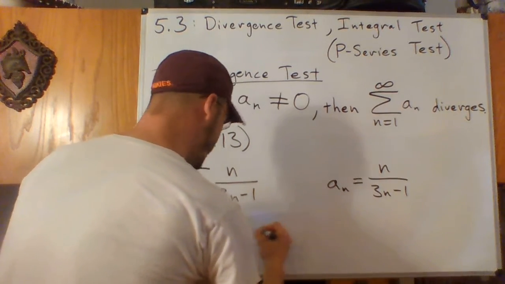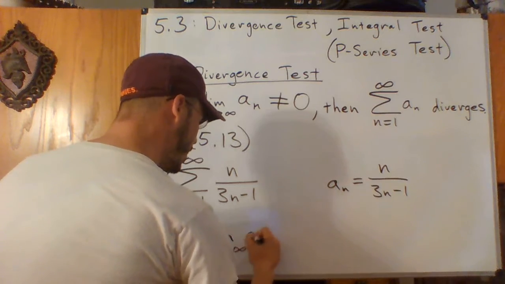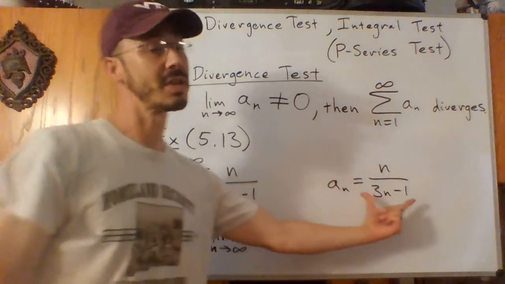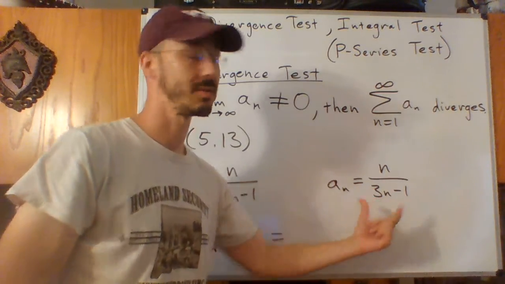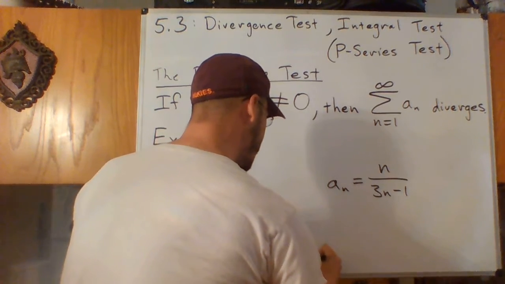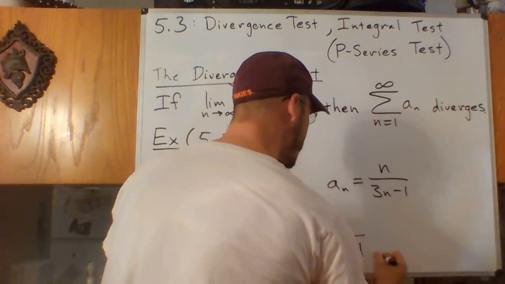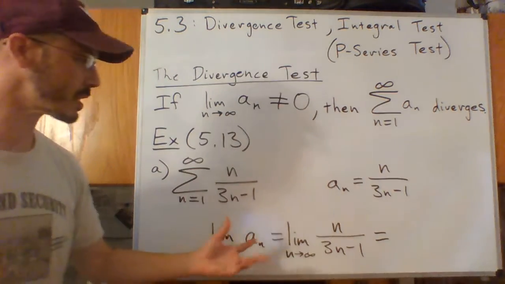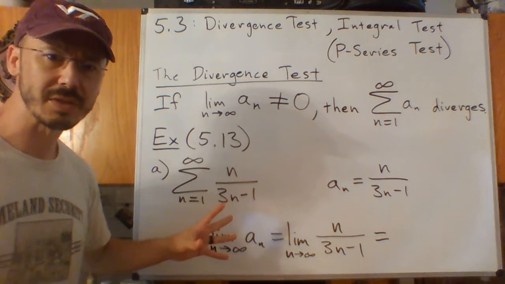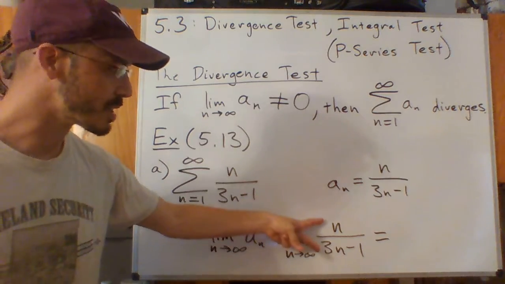The limit as n goes to infinity of a_n. We're going to look at the limit of just the terms of the series, the sequence, which is the limit as n goes to infinity of n over 3n minus 1. This one you can algebraically rearrange, but maybe it might be easier to use L'Hopital's rule.